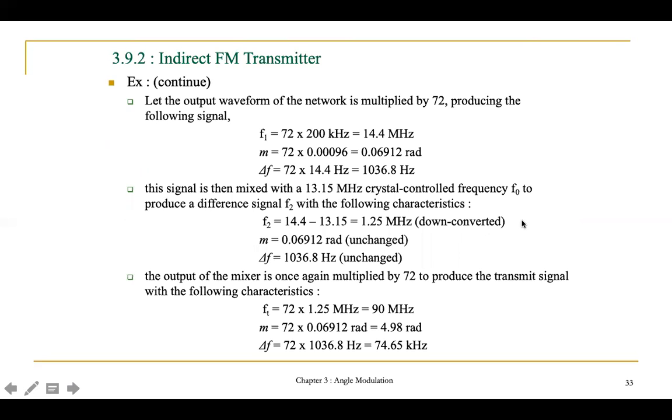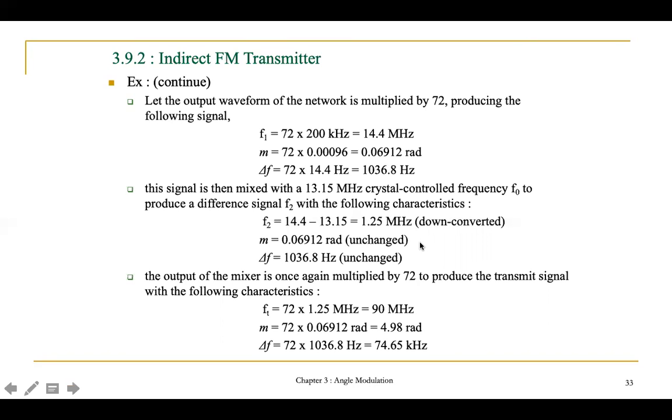Because you have a mixer with the crystal control frequency of 13.15 megahertz, your f2 will become 14.4 megahertz minus 13.15 megahertz, which is 1.25 megahertz. Okay, and your modulation index and delta f remain unchanged.